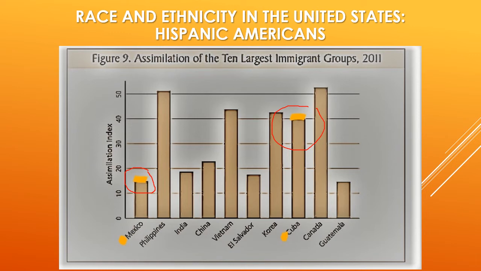You can see different groups assimilate better or worse into U.S. society. It seems that Cuban immigrants and Cuban Americans have assimilated quite well, while Mexican immigrants have one of the lowest assimilation rates on this graph.